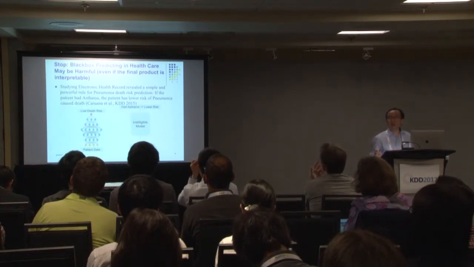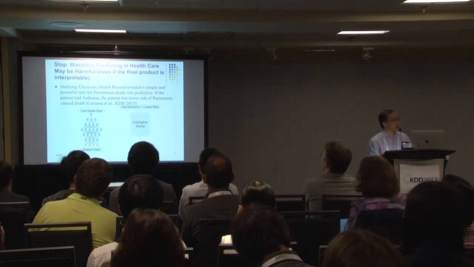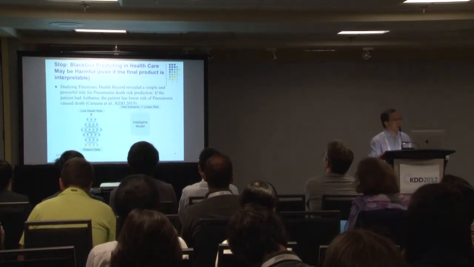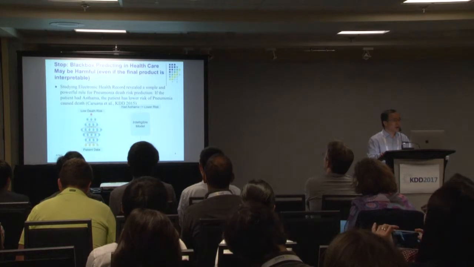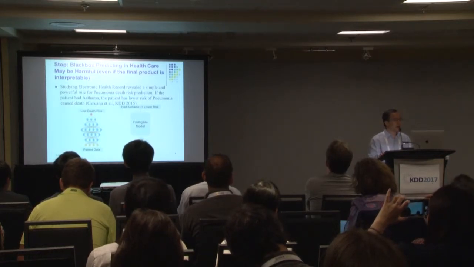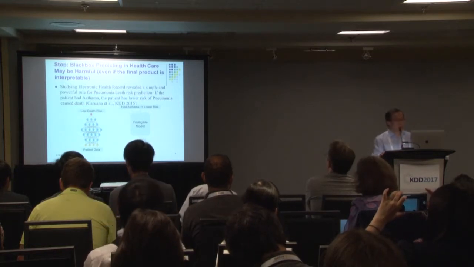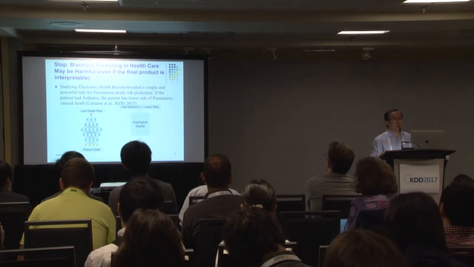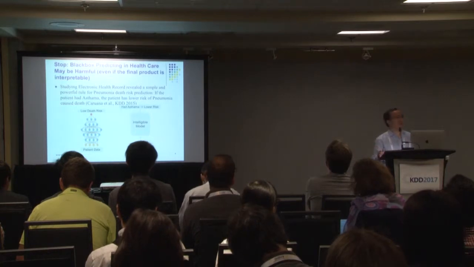That's a typical machine learning, data mining predictive analytics task. I have data, I have an endpoint, and the data is labeled. I try to make a prediction. Pretty straightforward. And what they discovered is that there's a very simple rule saying that if the patient had asthma before, the risk of pneumonia-caused death is actually low, which is counterintuitive.